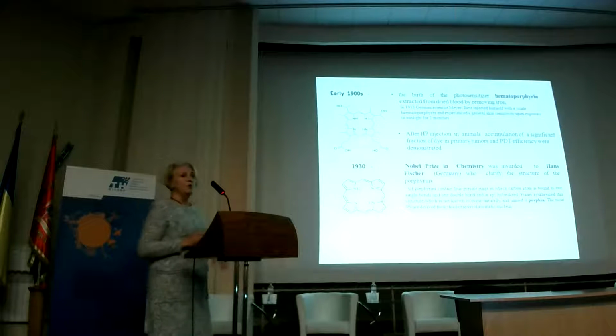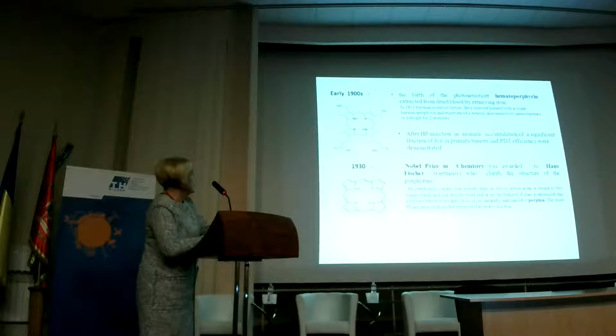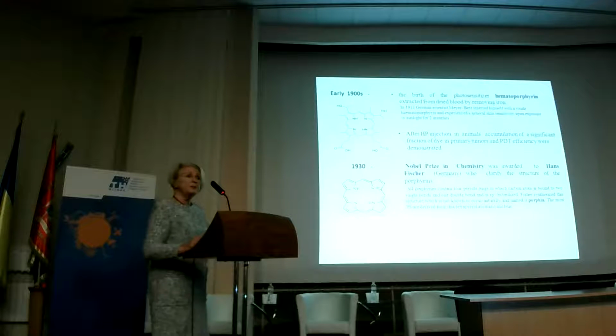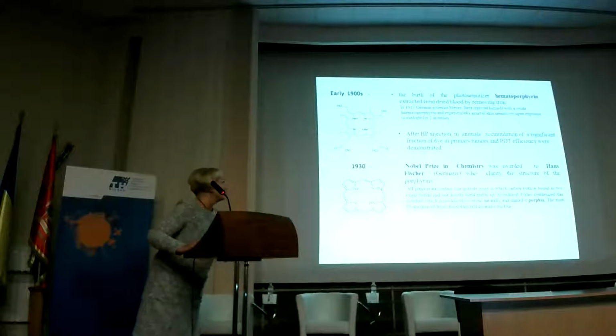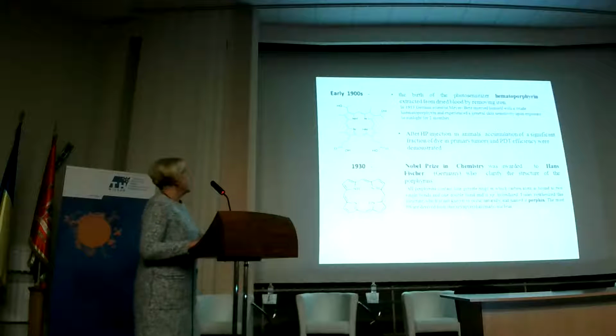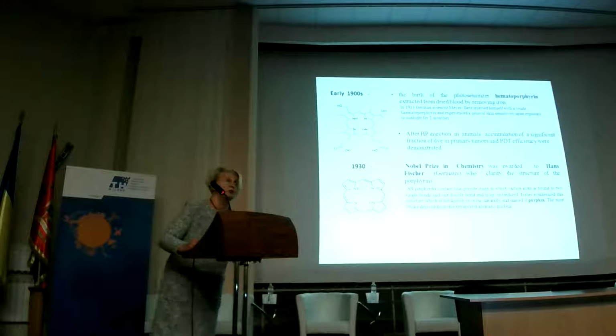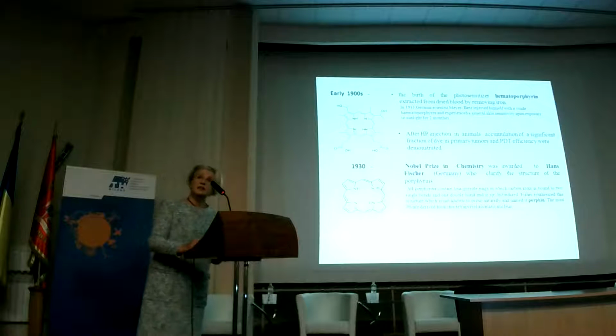And the second Nobel Prize was awarded to Hans Fischer for clarifying the structure of the porphyrins. It was really a great progress, because the photoactivity of natural products was known, but its exact detailed structure was unknown.